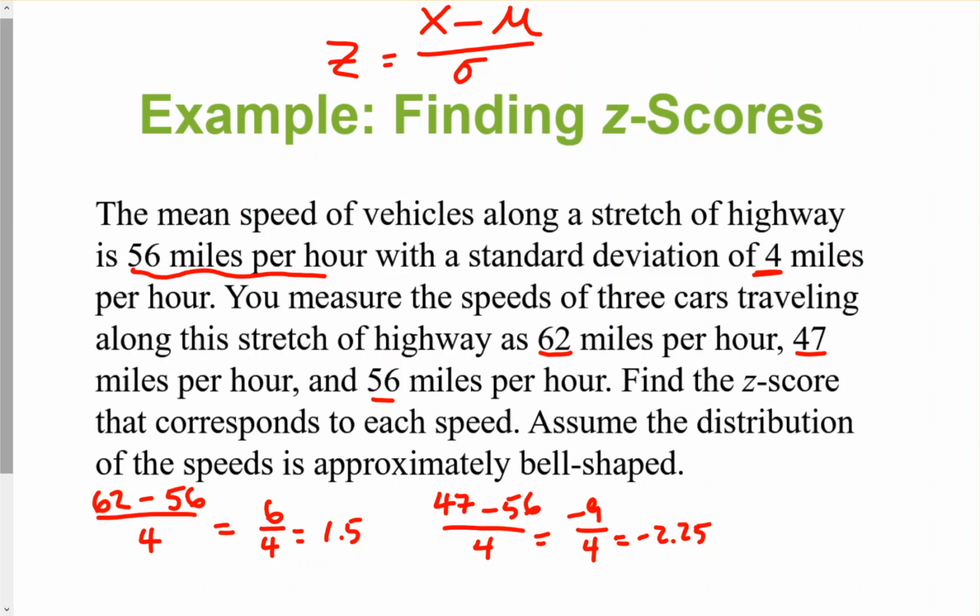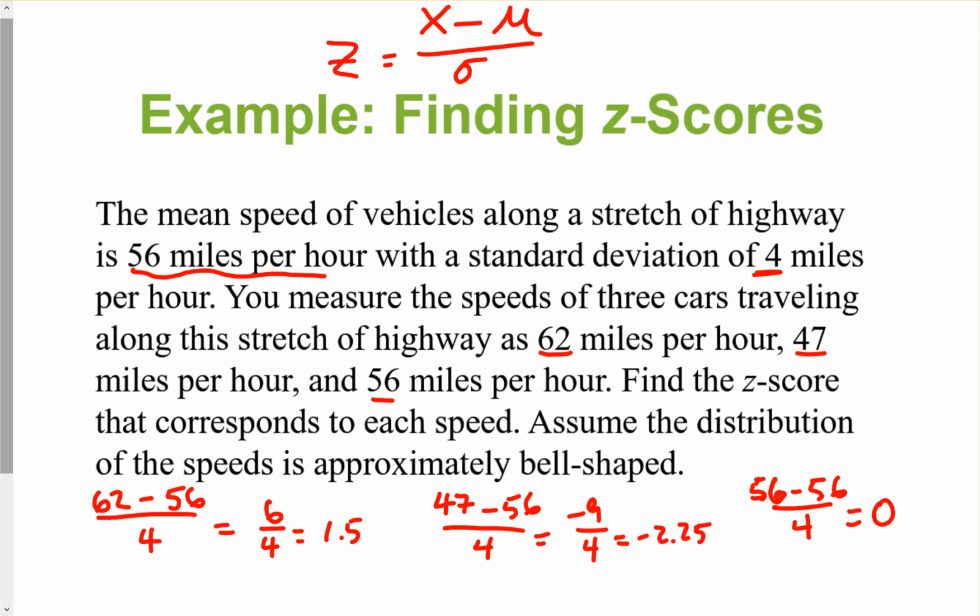And then for 56, well, 56 is right on the dot with the mean, so that's going to be 56 minus 56, which is 0. So a z-score of 0, which means no standard deviations above or below the mean.